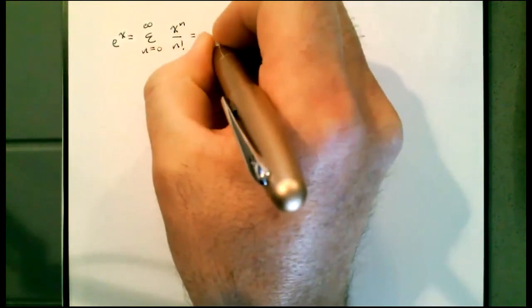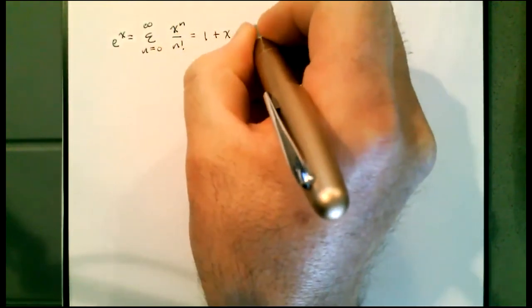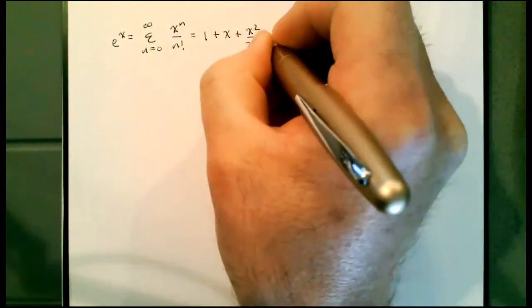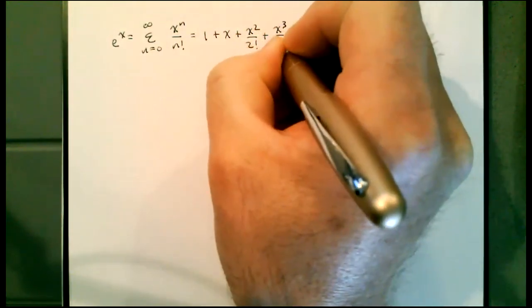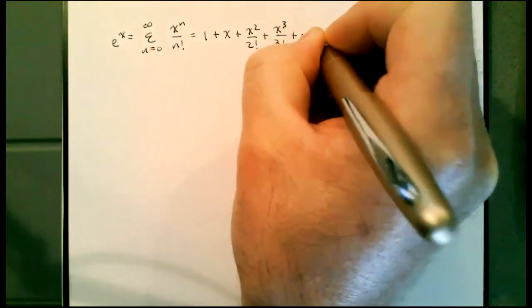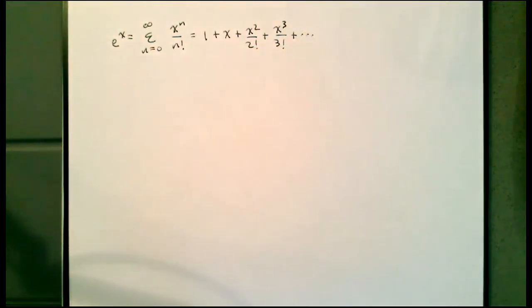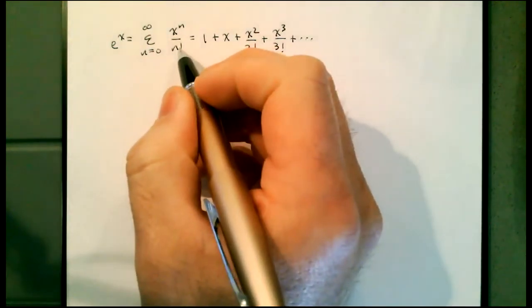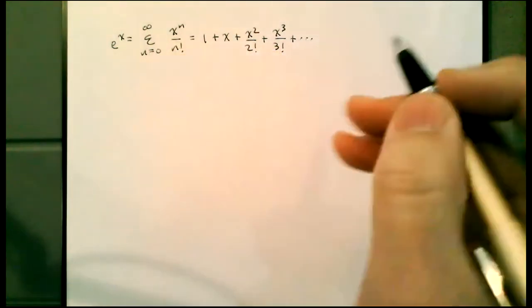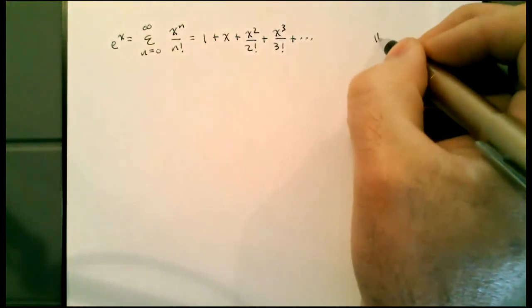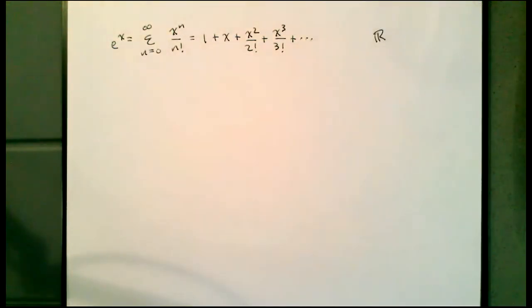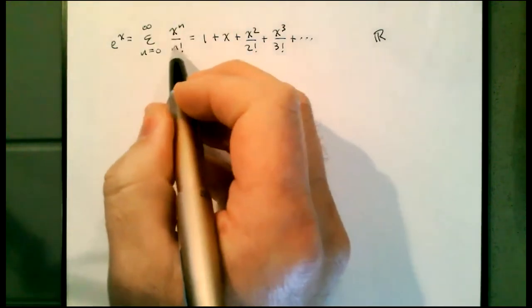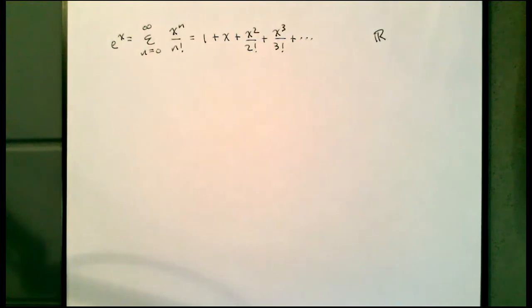That's going to be 1 plus x plus x squared over 2 factorial plus x cubed over 3 factorial, and so on. This n factorial in the denominator suggests that the interval of convergence for this power series is all real numbers, which it is. We could run a ratio test to do that, but it's better to just look at this and say, we know what's going to happen if we do a ratio test.